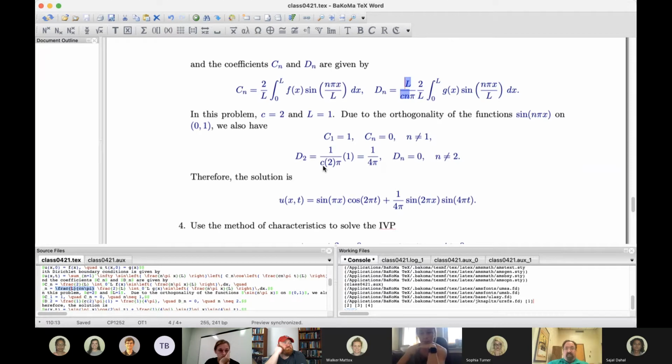Little c is equal to 2 in this problem. And then you can construct the solution from there. Any questions on this one?